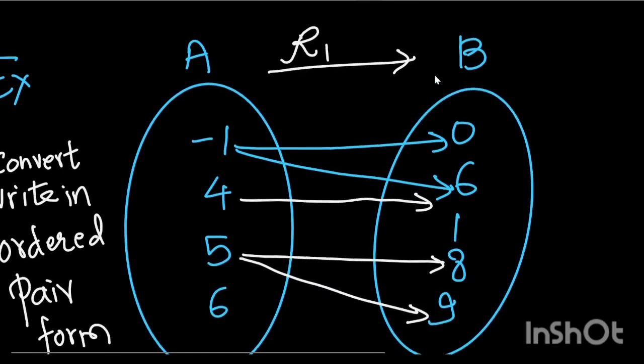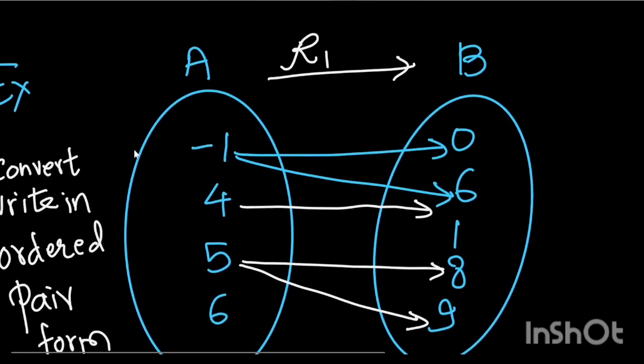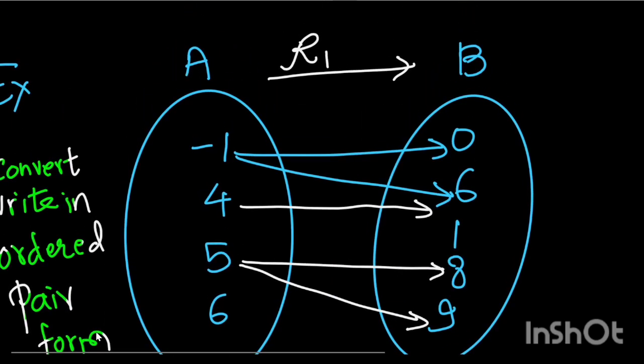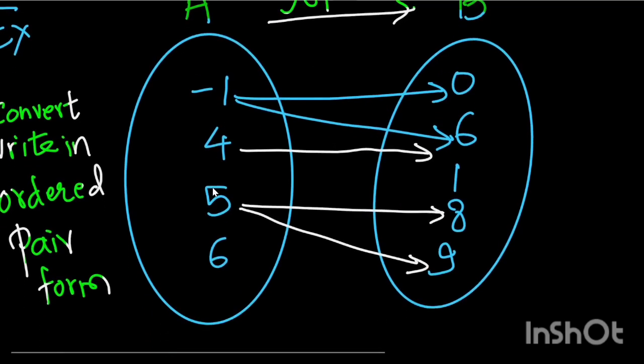Now suppose R1 is given like this, and we have to convert it and write in ordered pair form, guys. From A to B, we need to write R1. So we have to write in ordered pairs.